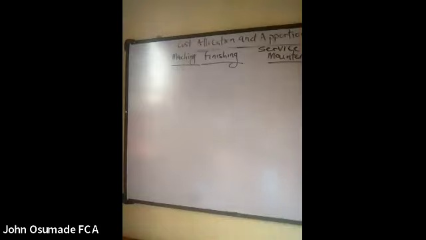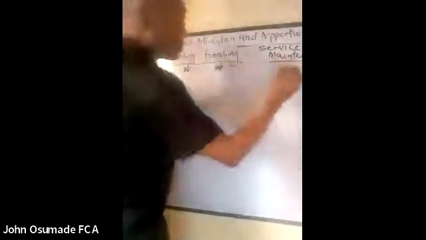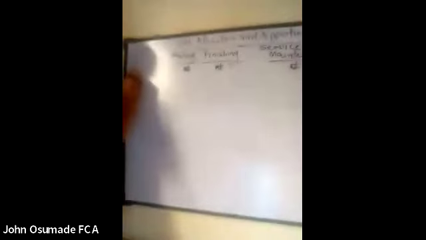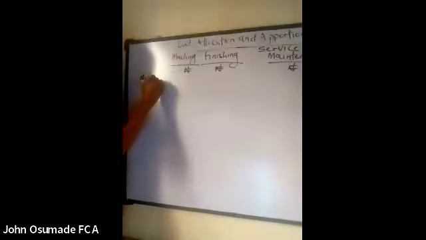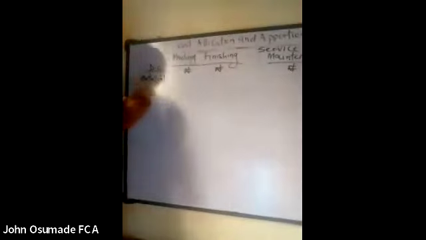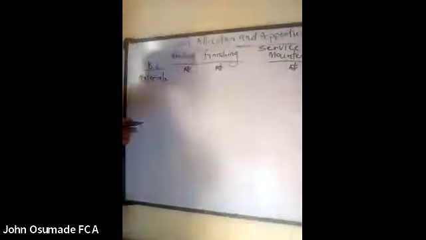So under machining, we have materials, which are the direct cost, variable cost. Let me call them DC, the direct cost. What's the figure under machining? 22,000.